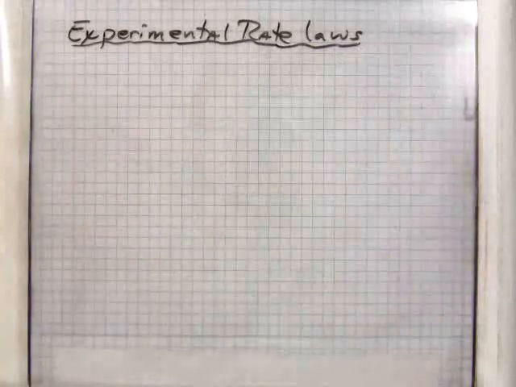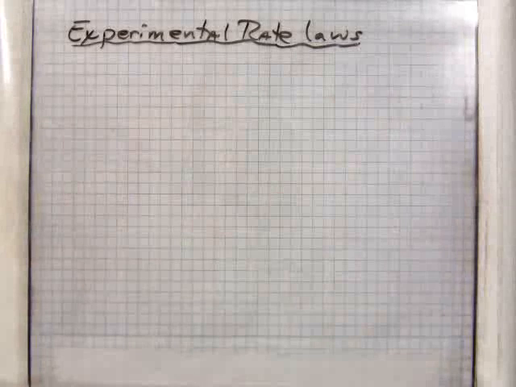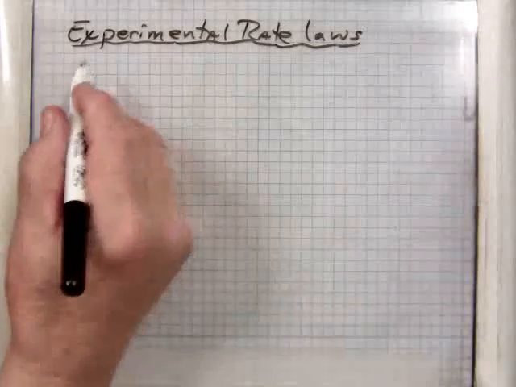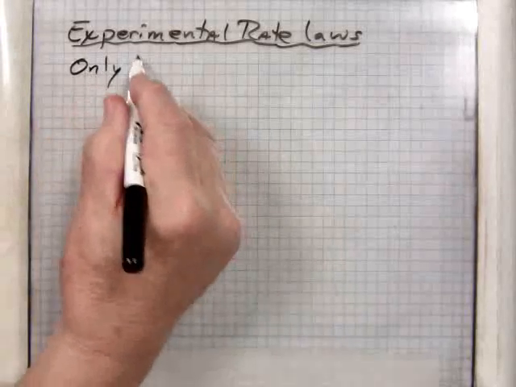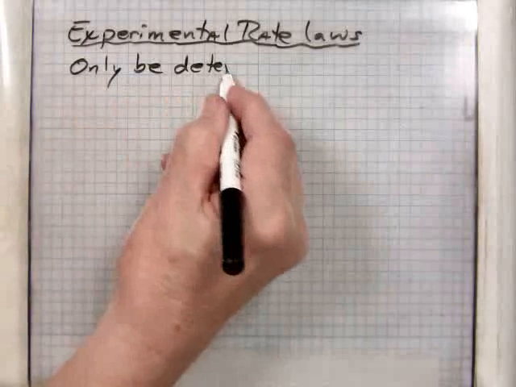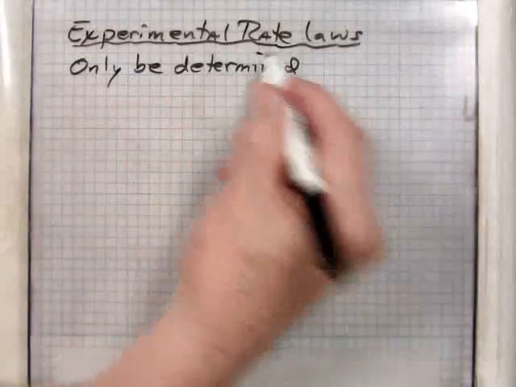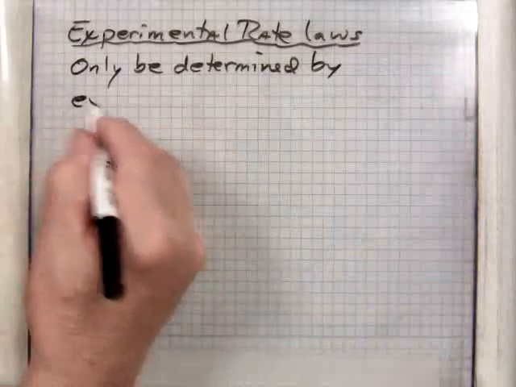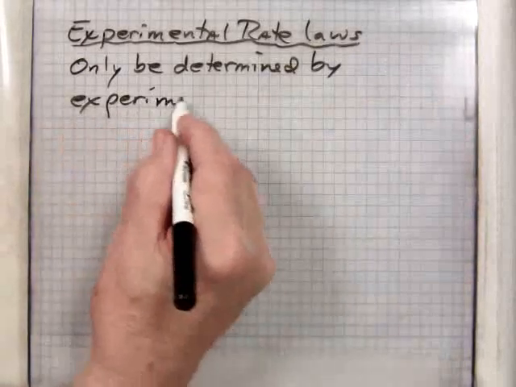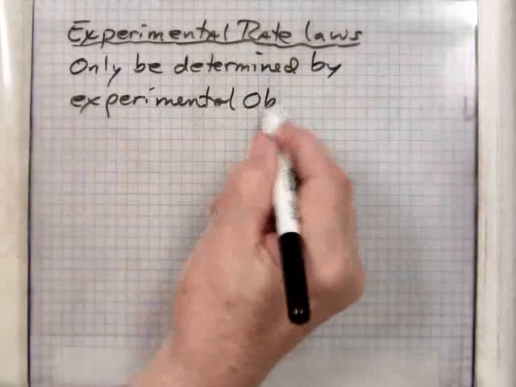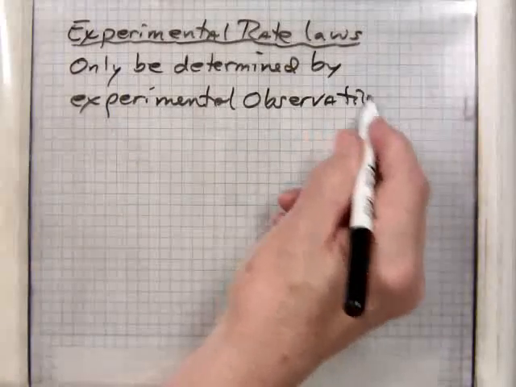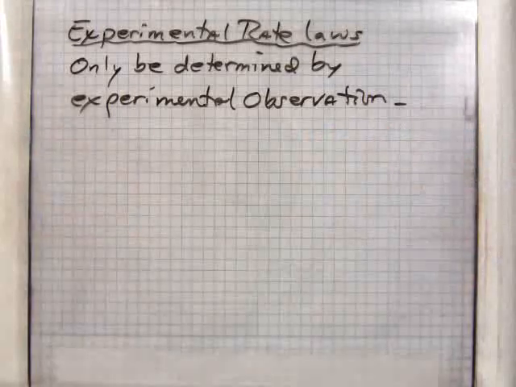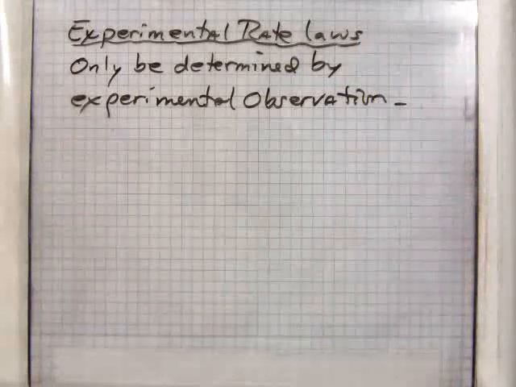The experimental rate law can only be determined by experimental observation, in that you make a change in concentration and observe the outcome and draw your conclusions about the nature of the reaction from whatever you observe.